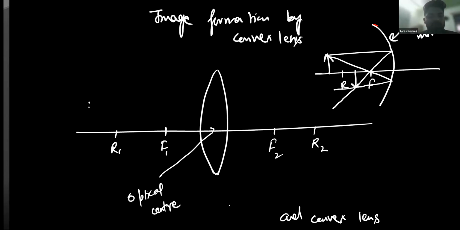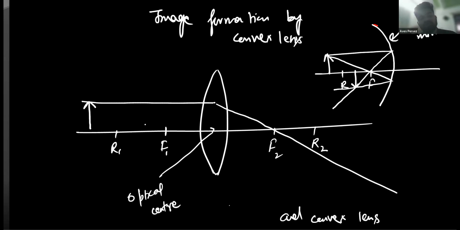If I place the object beyond R, and I draw a line parallel to the axis, then it will pass through the focus. This is the first line. The other ray can pass through the optical center.